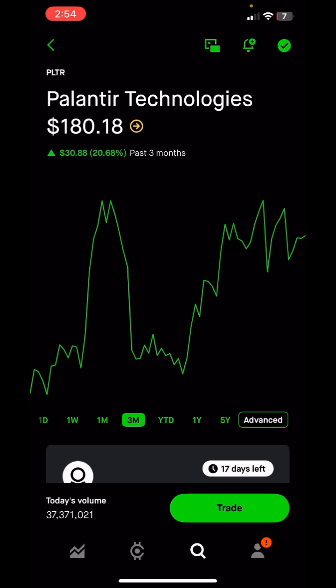So basically, if you would have got a call option or bought stock, even if you're just trading stocks, and you bought it at the price it was 3 months ago, then up until today, it would have gone up $30, almost $31.